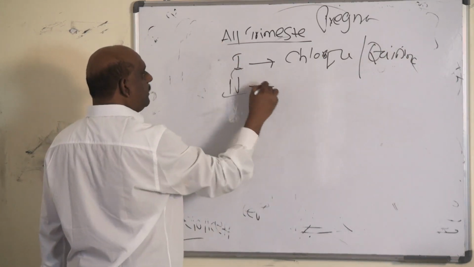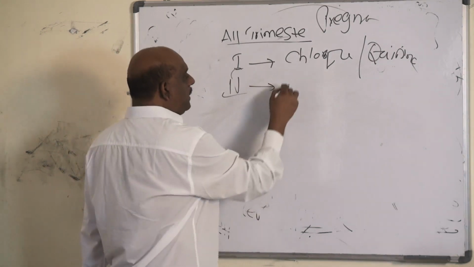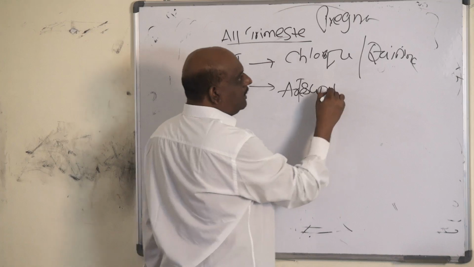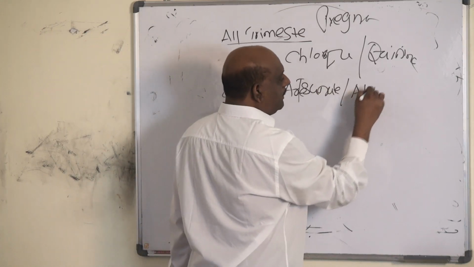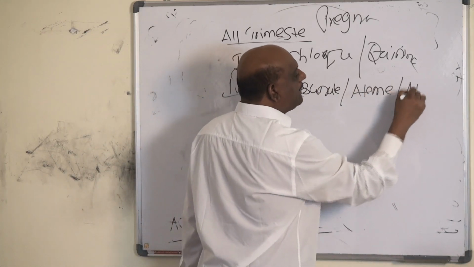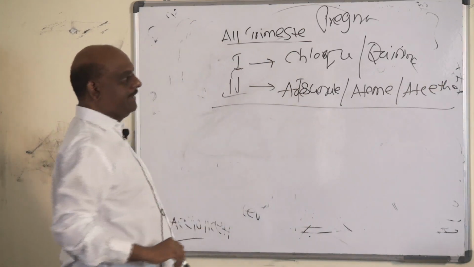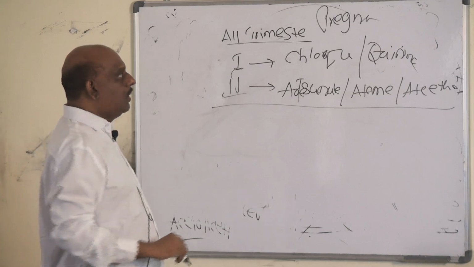What is the second line? Artesunate, artemether and arteether. Absolutely safe in pregnancy, but second line, in all trimesters.